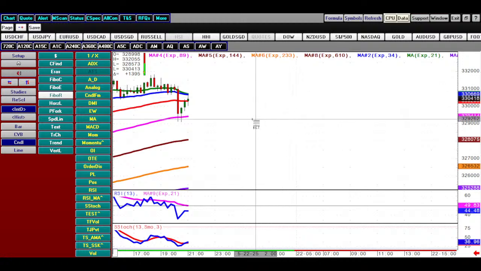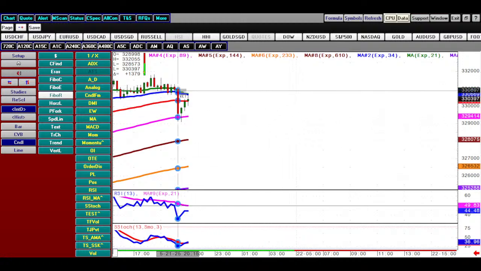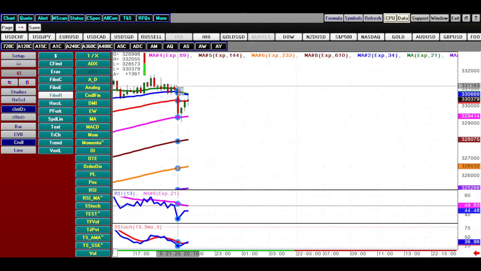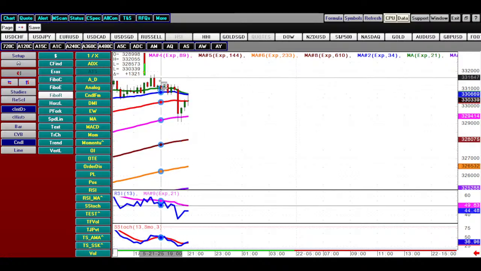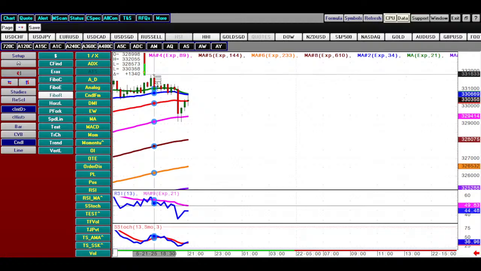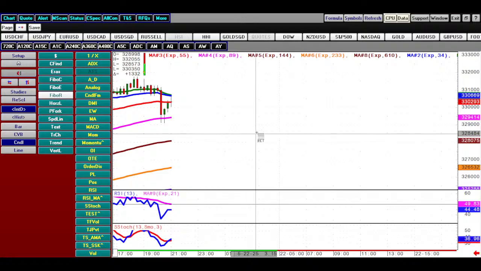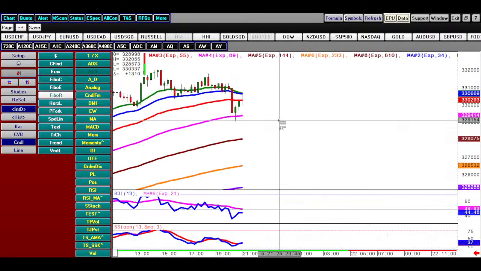That means we sell at 3305, put a stop at 3312 half, then we should be selling another one at 3311, then we'll put a stop above 3319 half. Then we should expect the price to come down. Let me give you the call.